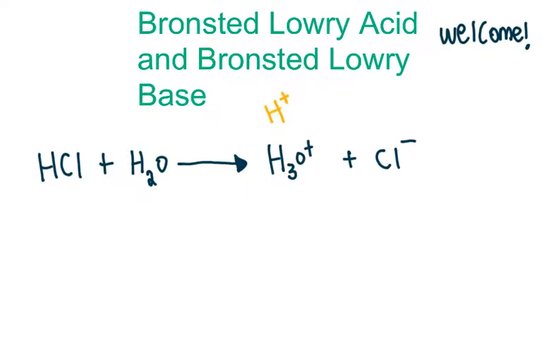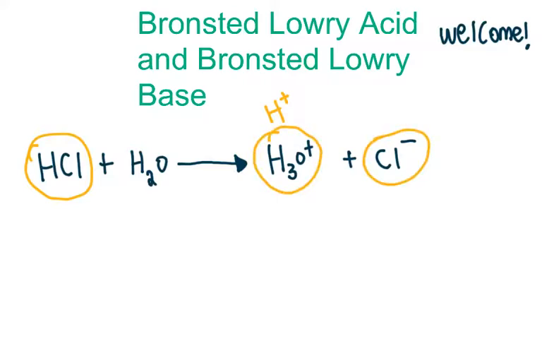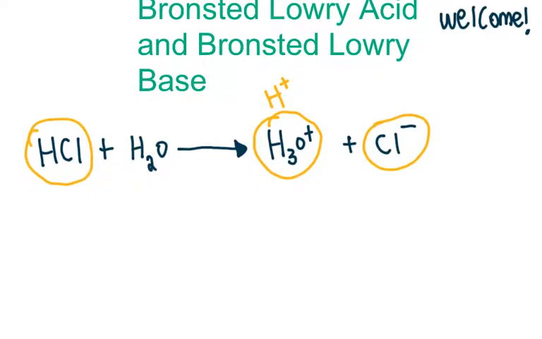So in this case, our strong acid, hydrochloric acid, is reacting with water and forming hydronium cations with chloride anions. And we have to identify which compound here is the Bronsted Lowry acid and which compound is the Bronsted Lowry base. How you do this is you have to look at which compound.